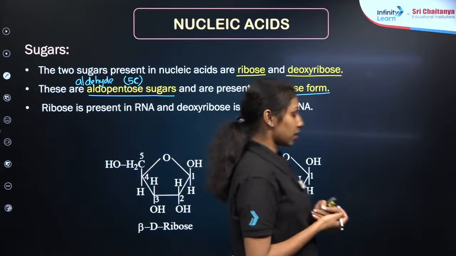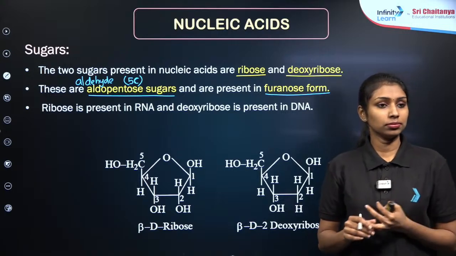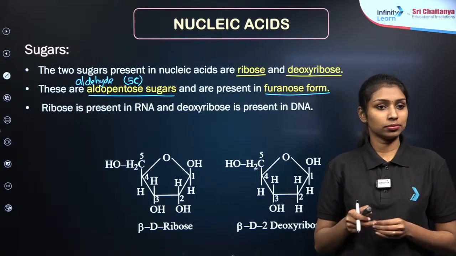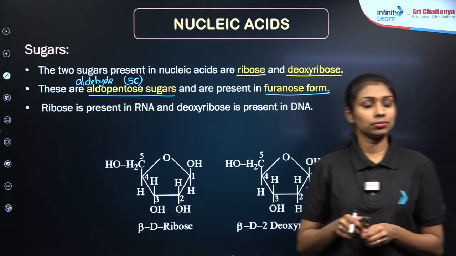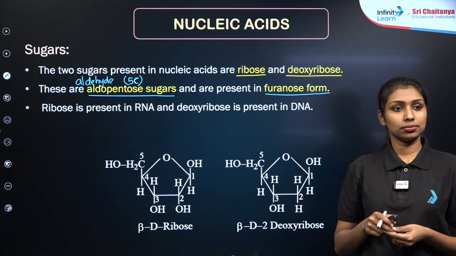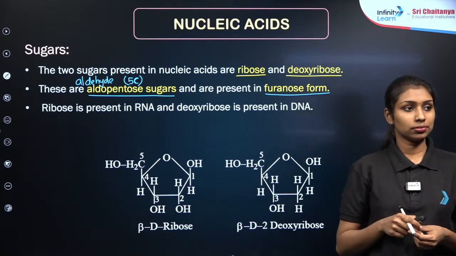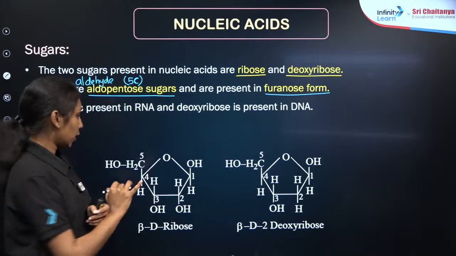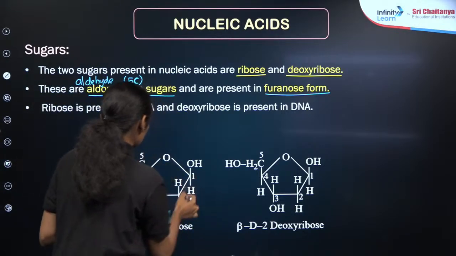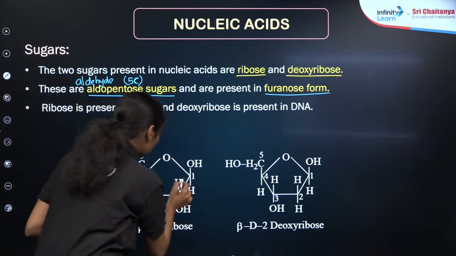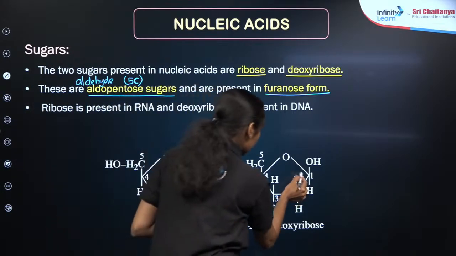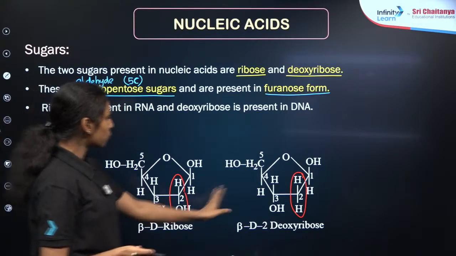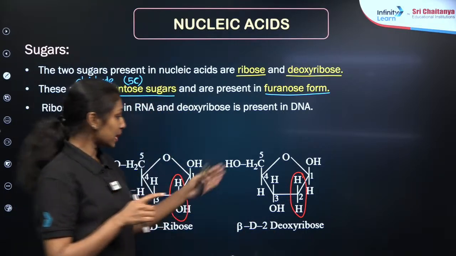In the case of the ribose molecule, there is an OH group, but in the case of deoxyribose, there is no oxygen. There will be 2 hydrogen atoms above and below the plane.